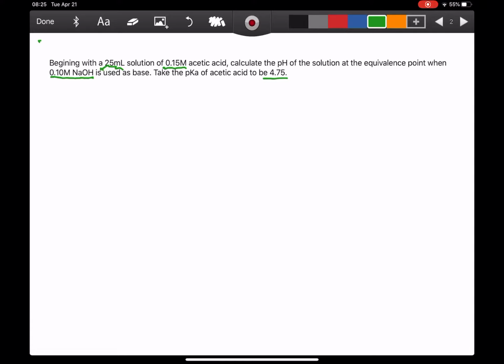So here we're given all the information we need to solve this problem. The first step we need to do is find out how many milliliters of base are going to be required to reach the equivalence point. So if we're starting with 25 milliliters of acetic acid, I'm going to abbreviate acetic acid as HA for the acid. 1 liter of HA has 0.15 moles of HA.